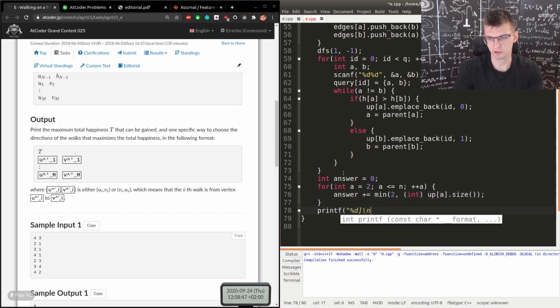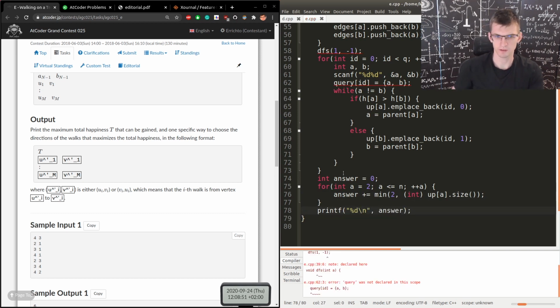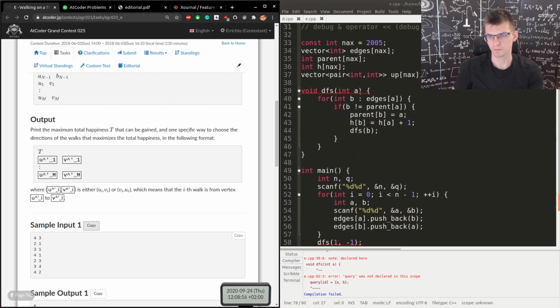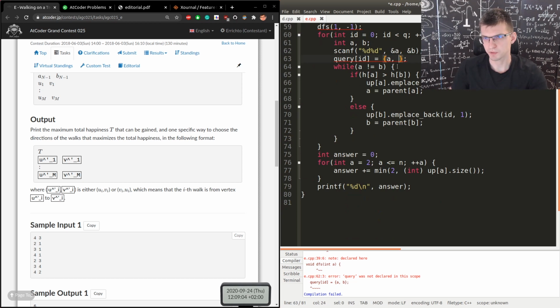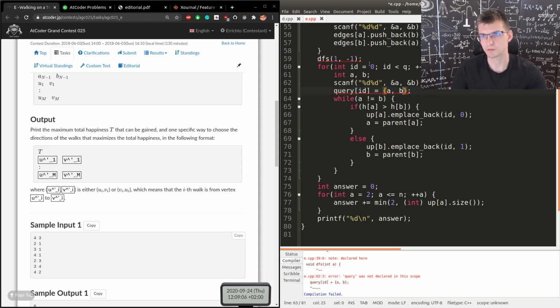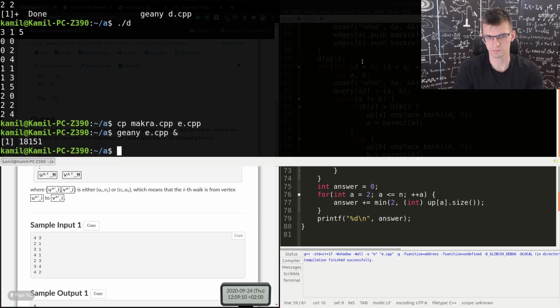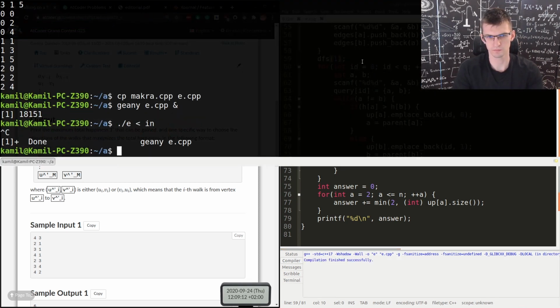Let's check if I correctly understand how the paths look like. Query of next, I don't pass parent, no. Infinite loop.